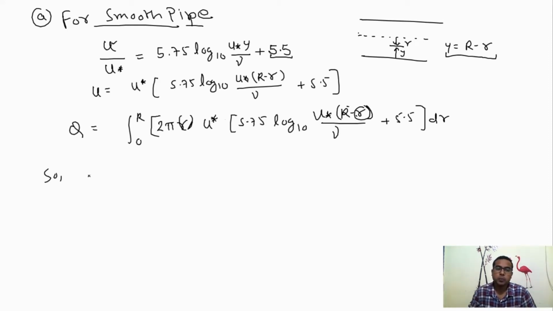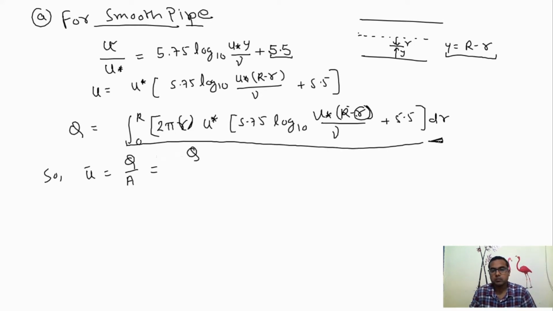Okay, so what is u bar? That is Q by A. You know these terms of Q, and divide by pi R square. So by integration and simplification we will get the expression for u bar.